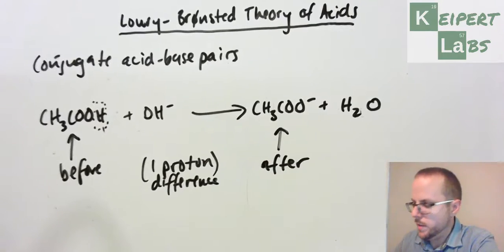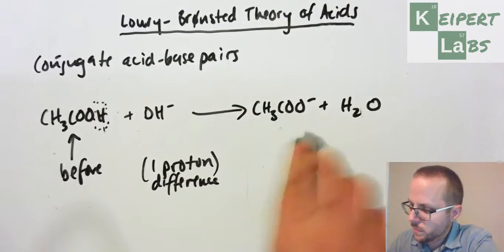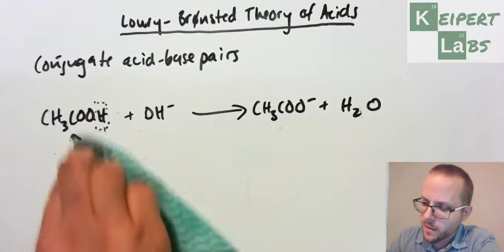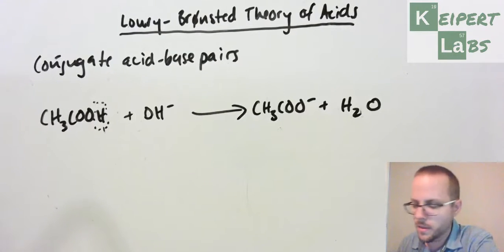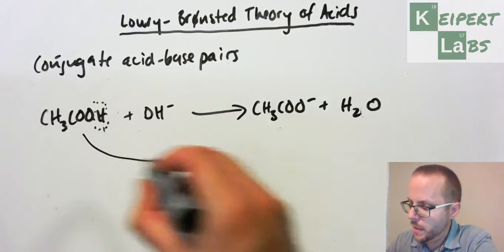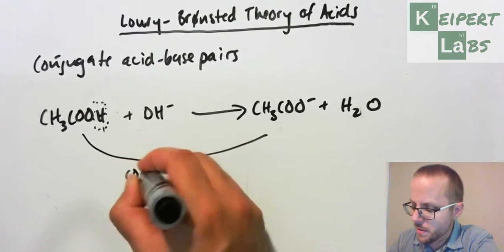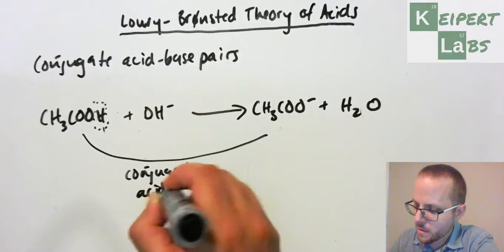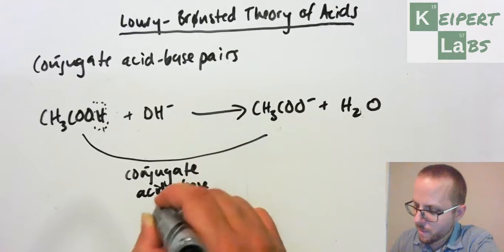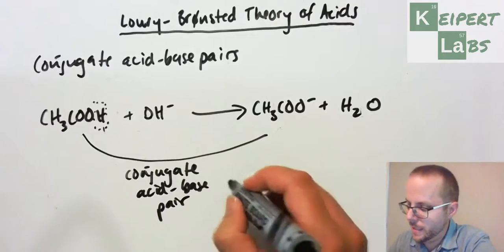Okay? So what we say is that these two things are linked. They are a pair. Now, they are not a pair of identical things, because obviously they aren't. But we say that these two things are a conjugate acid-base pair. That is, they're related.